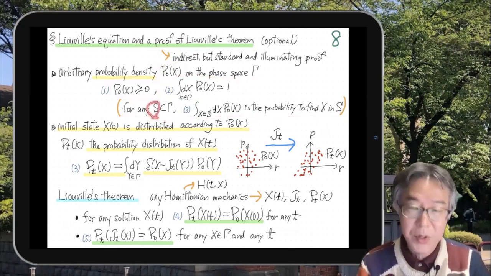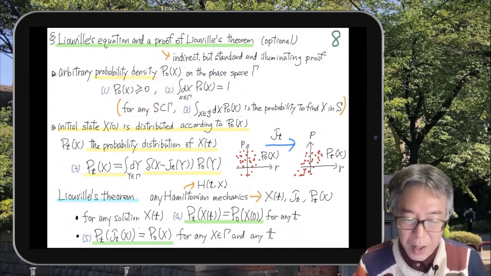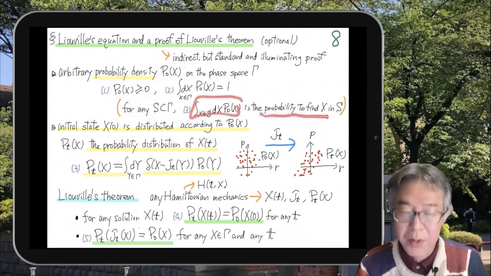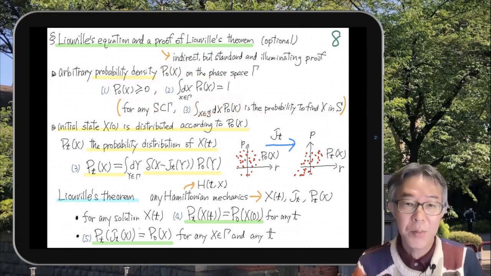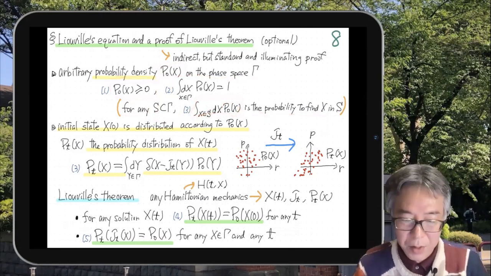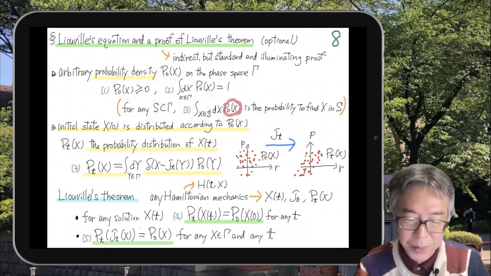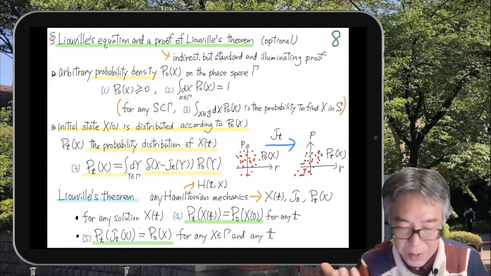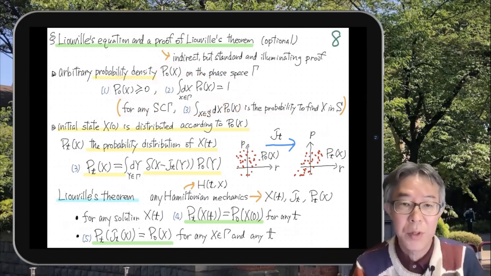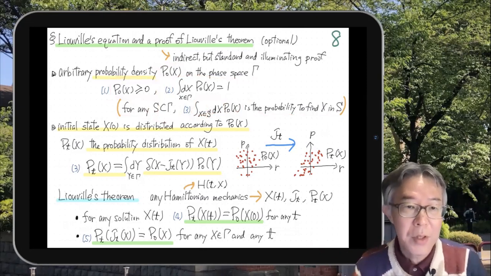If you take any subset S of Gamma, and if you integrate this P0 over S, then this gives you the probability to find x in S. That is the meaning of probability density. So this P0(x) is not itself a probability. If you multiply this by phase space volume, then you get the corresponding probability.